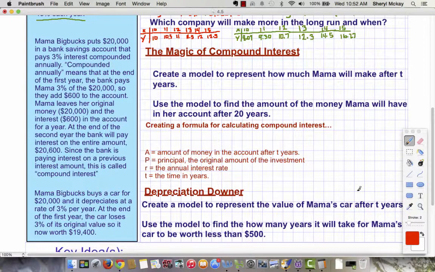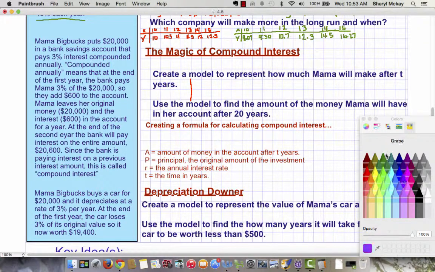So we can do this several different ways. We could create a table. We could create, and maybe that's what we'll do, a table. Maybe we should give Mama a different color. Let's make Mama purple. So, okay, let's see.